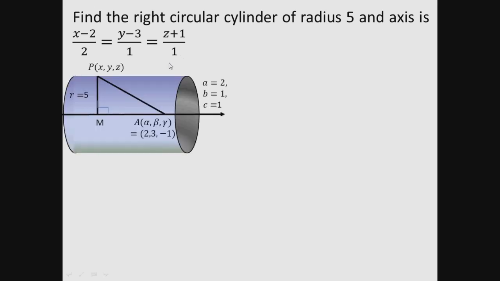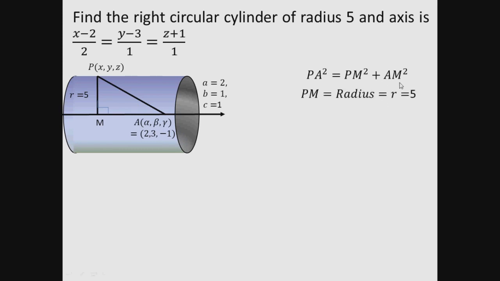Okay, so take all the information, again consider P any point on that cylinder, draw perpendicular, then PMA becomes a right angle triangle, use Pythagoras theorem for it, that is PA square equal to PM square plus AM square.